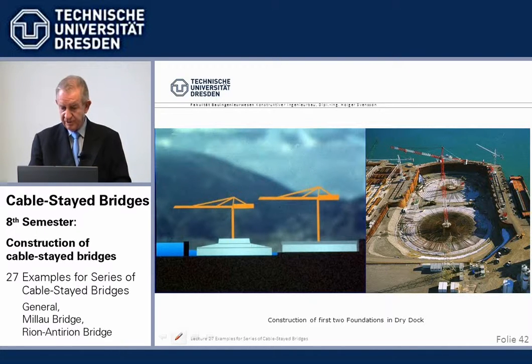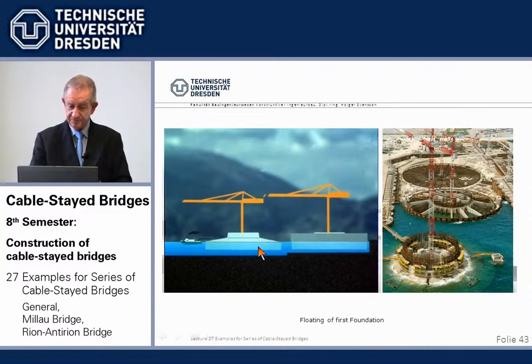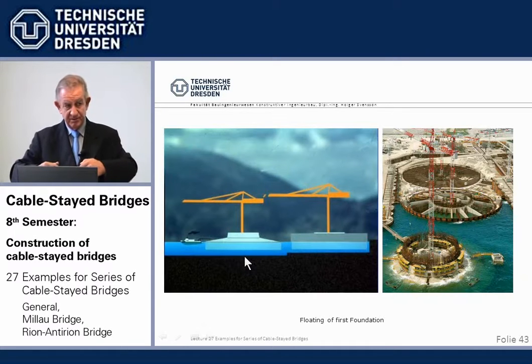We see here the first, and then we have here the cofferdam, you know, rammed sheet piles to keep the water out. That's how it's done here. And then when we have the bottom foundation part done and have started with the pier shaft, then the cofferdam in front is taken out and the dry dock is floated, and the bottom foundations float up.